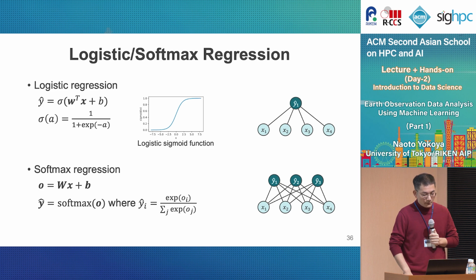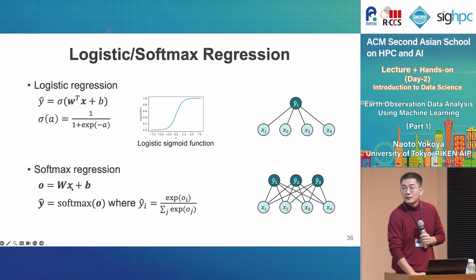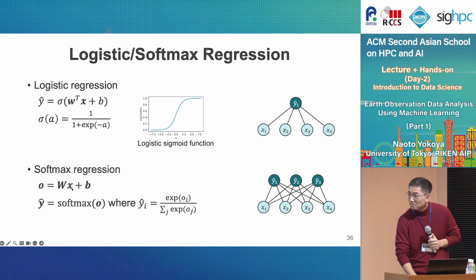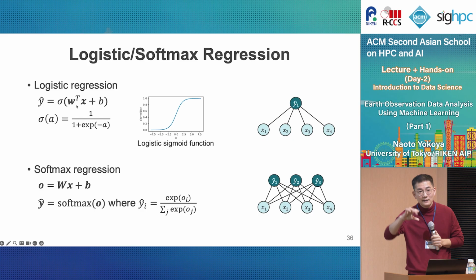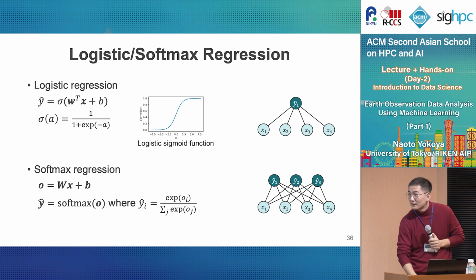So softmax regression can be represented in this way, and you may wonder, oh, what are they? These bold fonts represent vectors. So actually, this is an inner dot product, okay? Just multiplying weights and then taking the summation. So it's a kind of linear projection, okay? That's the same.